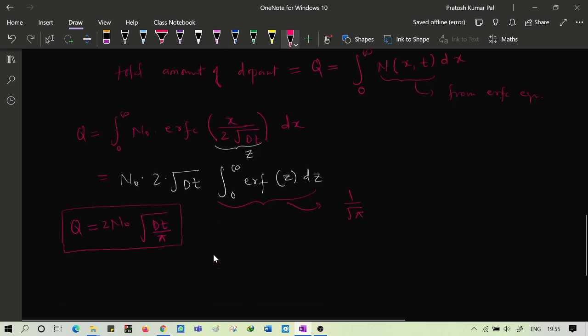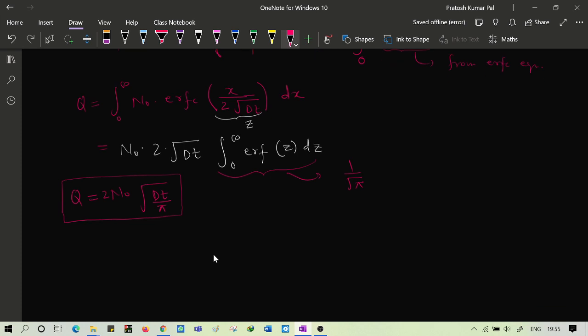This basically gives the diffusion depth. So this measures diffusion depth, or we call it junction depth.